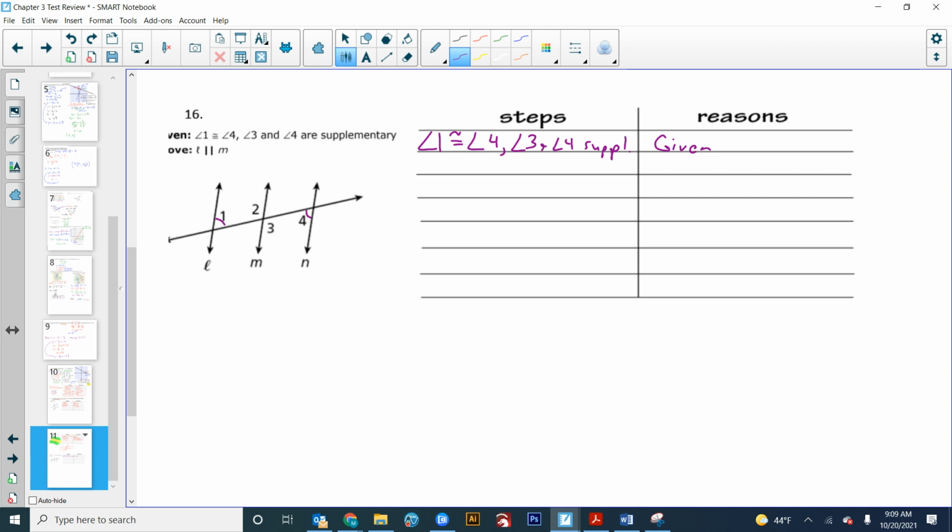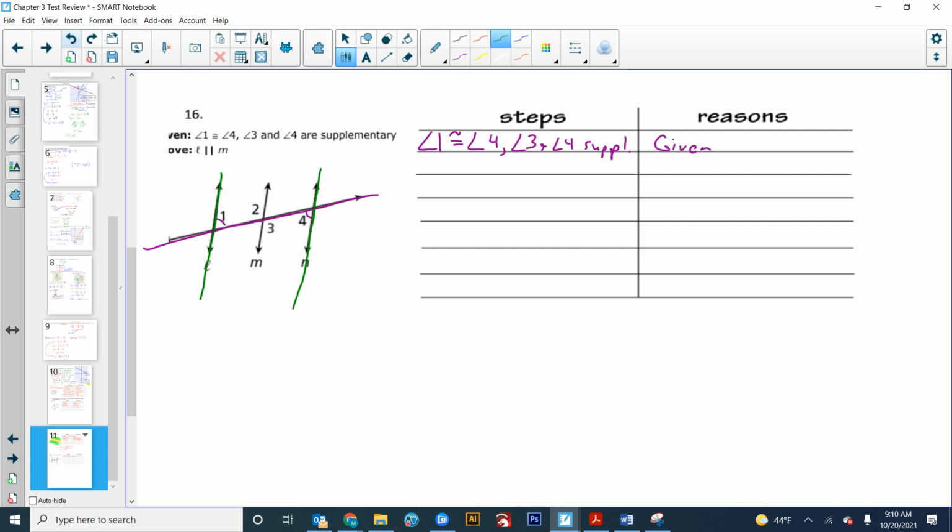Now, Ella, here's your transversal. Here are the 2 lines that we're talking about. Are 1 and 4 on the interior of the green lines or on the exterior of the green lines? Interior. So they're alternate interior. Okay? If it were here and here, it'd be consecutive interior.